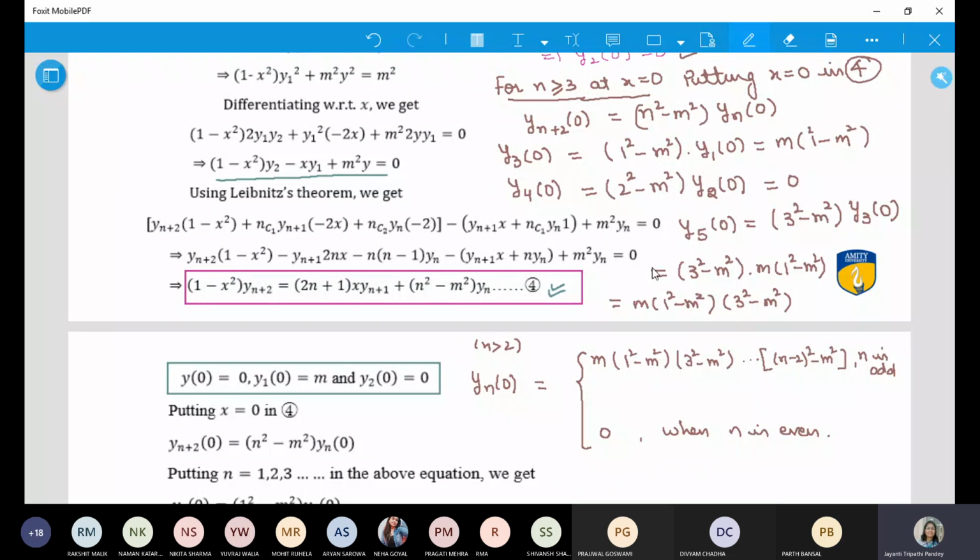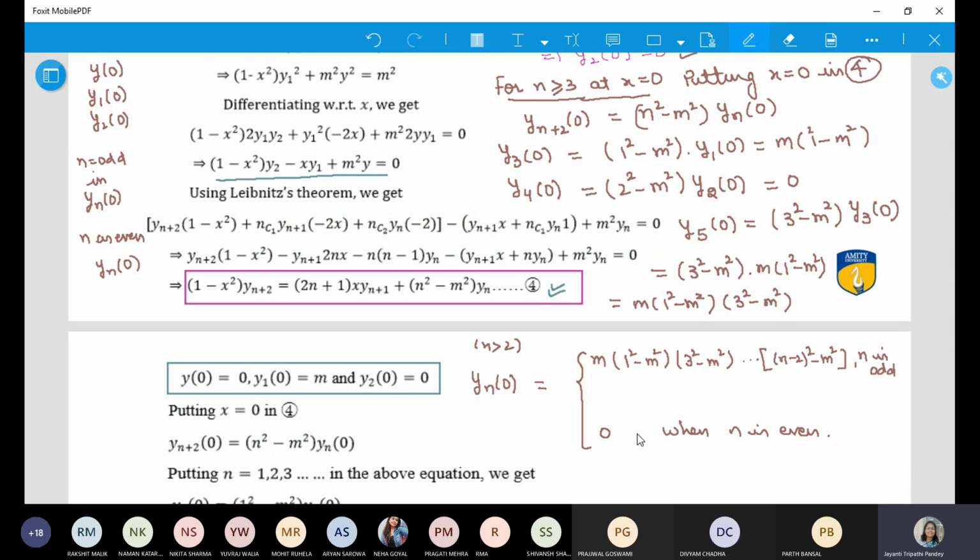So when you have to find yn0, you have to follow these steps. See, I'm writing the sequence. First you will find y0, then y10, then y20. Then you will put n as odd in yn0, and then you will put n as even in yn0. In most of the questions, you will get some kind of sequence to connect the dots.